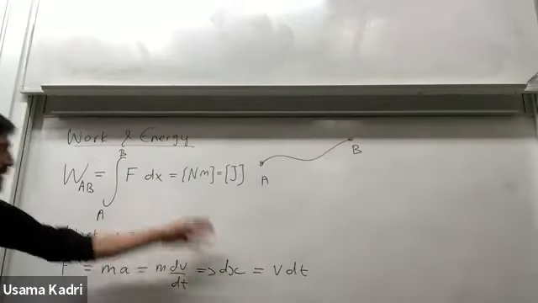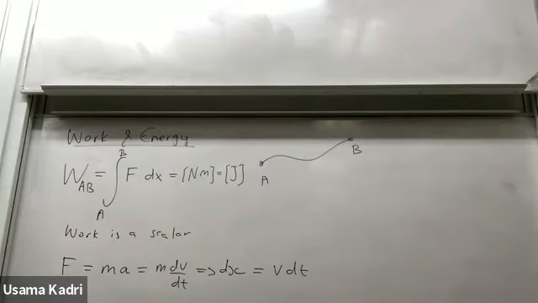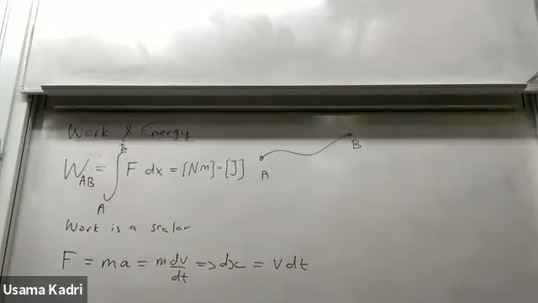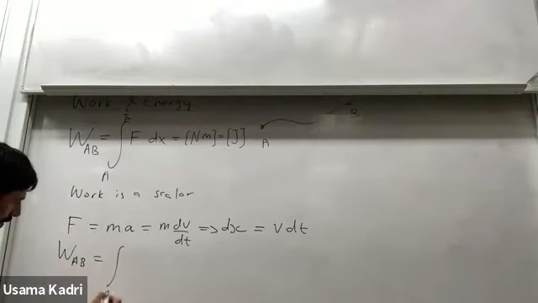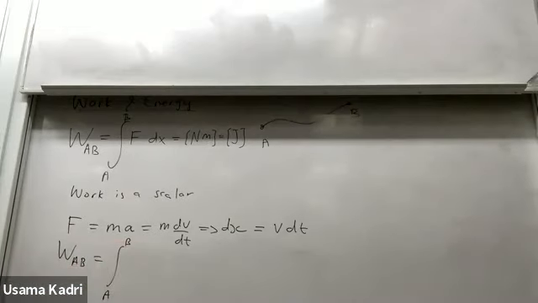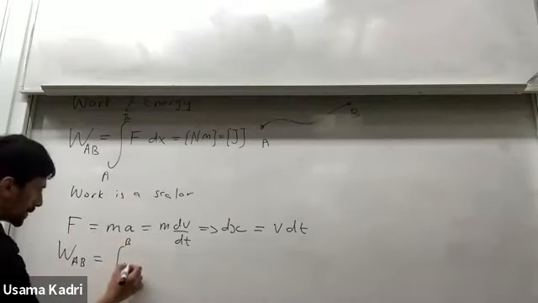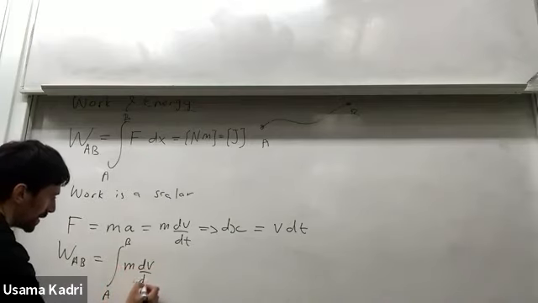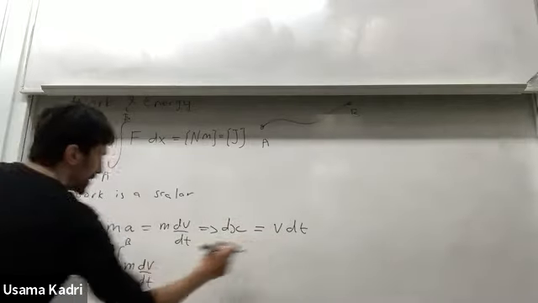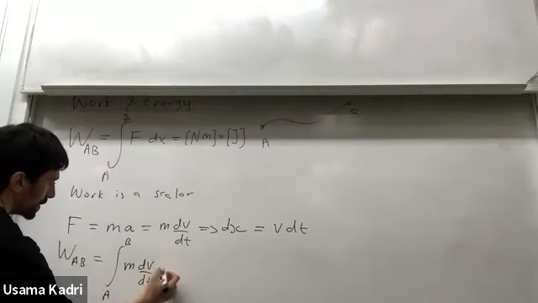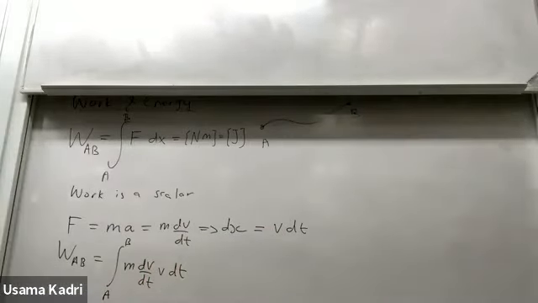I want to substitute these now back here. See that? So the work between points A and B is the integral of m dv dt, and dx is v dt, so I can write v dt here.